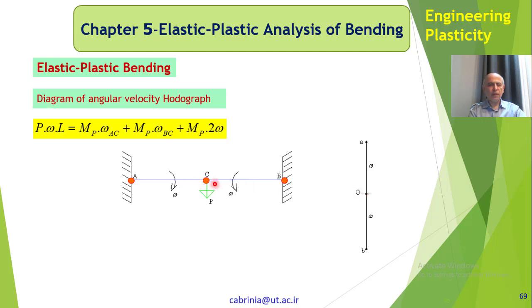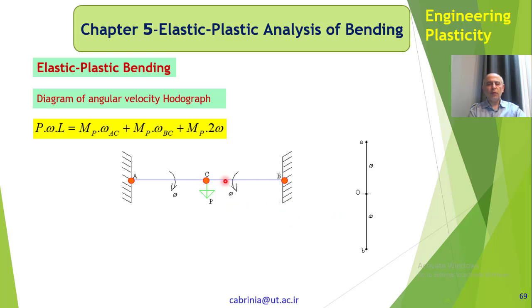For instance, CA is moving with omega, and CB is moving with omega in different directions. Point 0 shows points B and A. Going from CB to CA, moving from the right of C to the left of C, we get 2 omega: omega in that direction and omega in that direction.